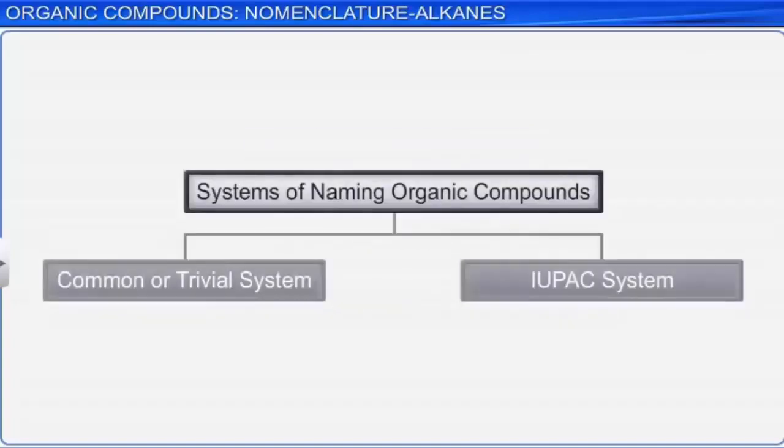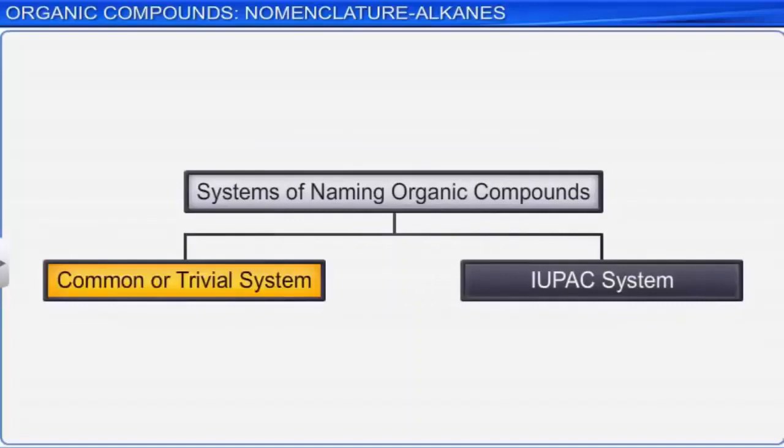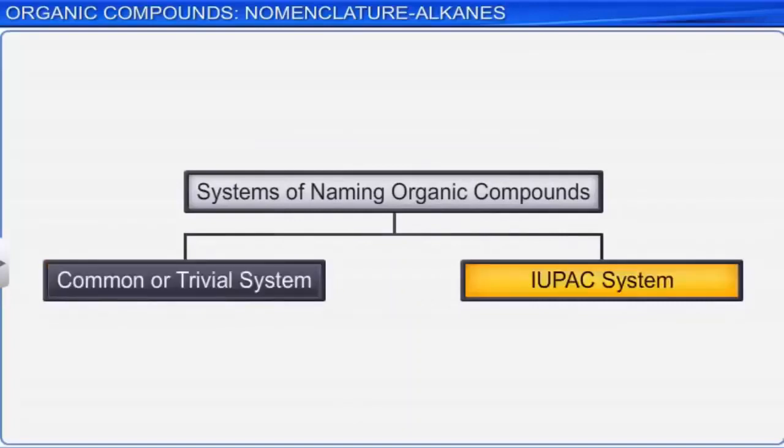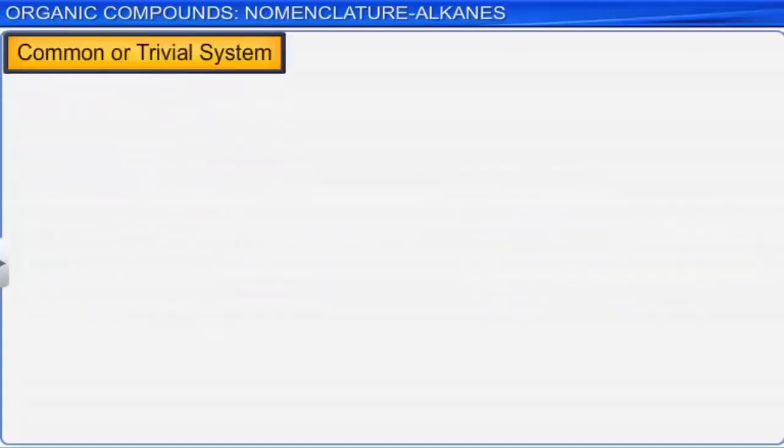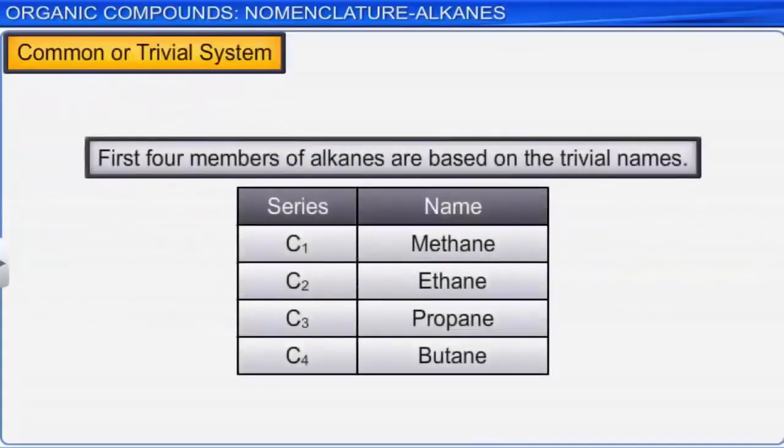We know that there are two systems for naming organic compounds: the common or trivial system and the IUPAC system. The names of the first four members of alkanes are based on the trivial names. They are methane, ethane, propane, and butane.